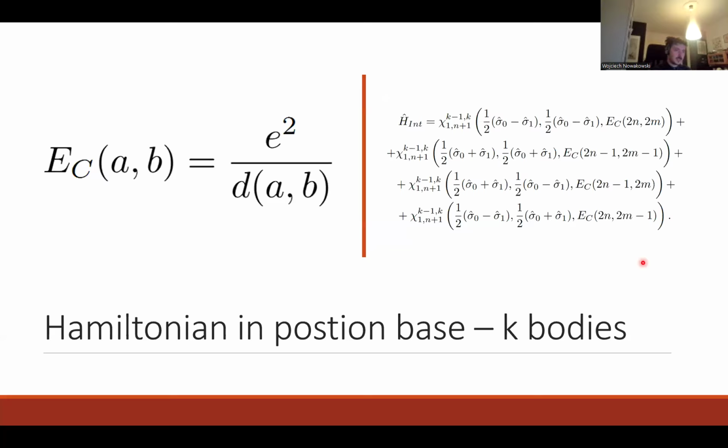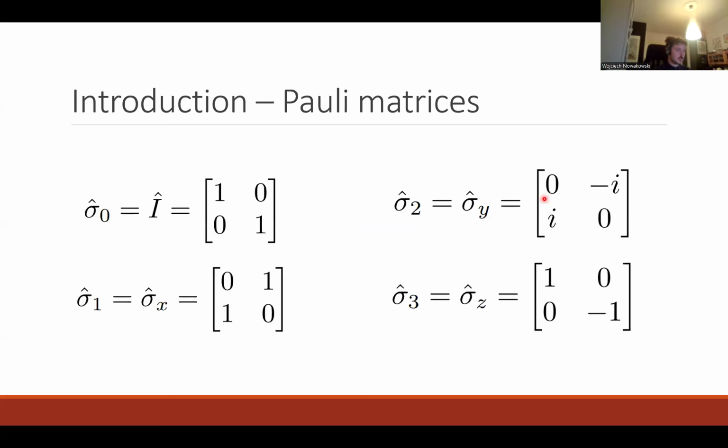So using the double Kronecker sum, we can denote the Hamiltonian of interaction in the following way, where sigma 0, 1, 2, and 3 are Pauli matrices, as it was shown here.